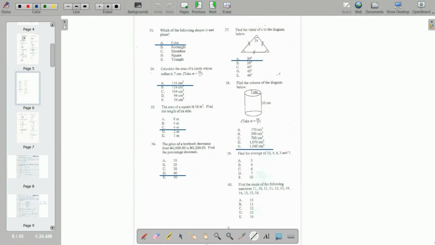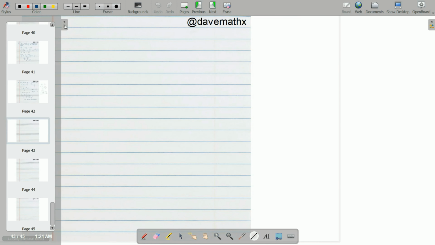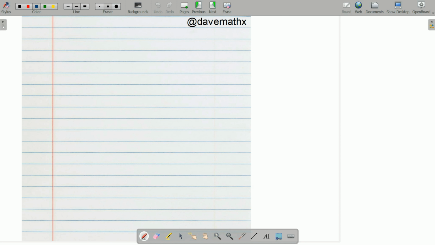To find the average of, it's possible to solve average as mean at times.